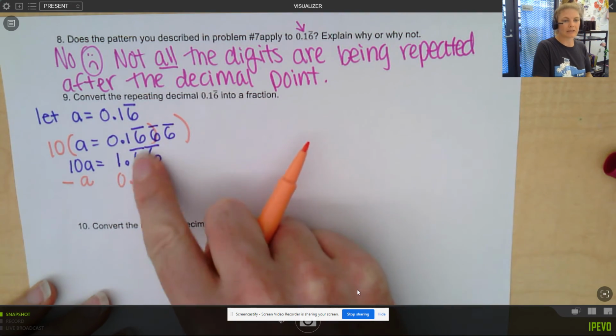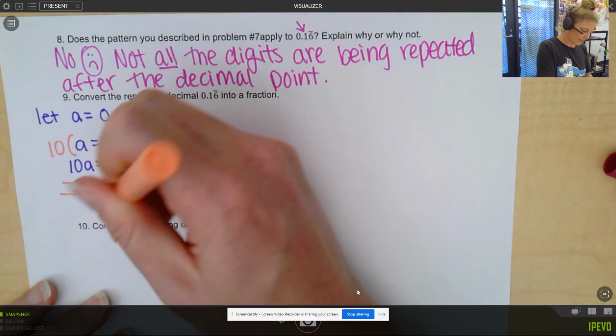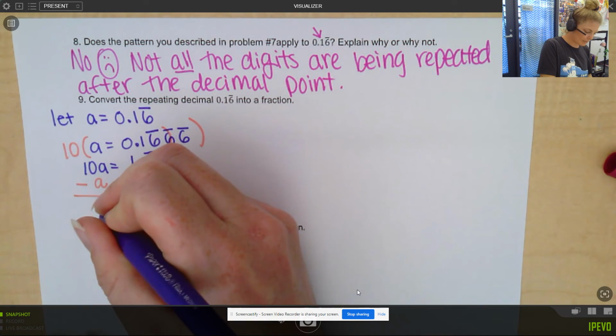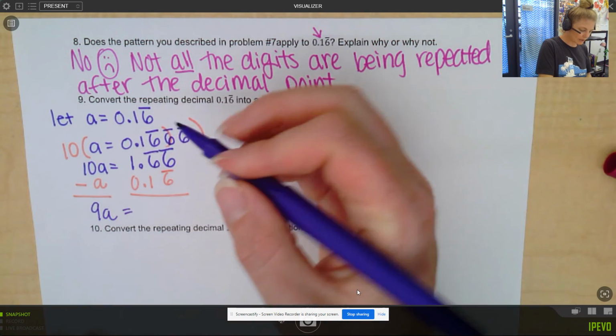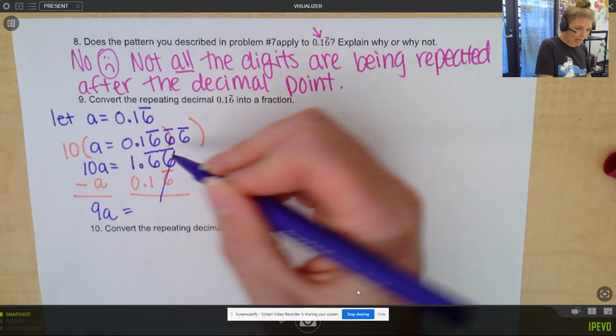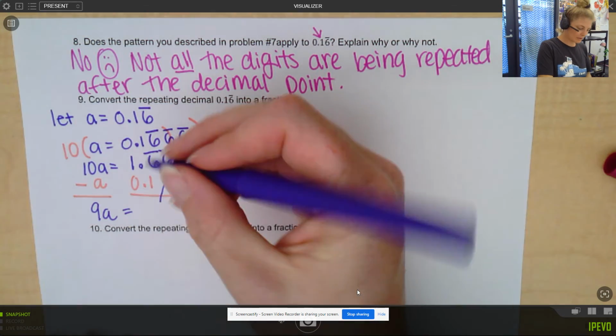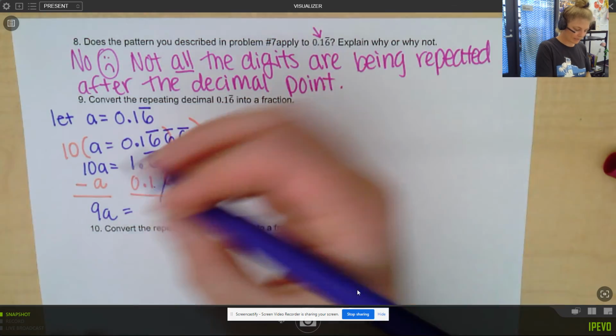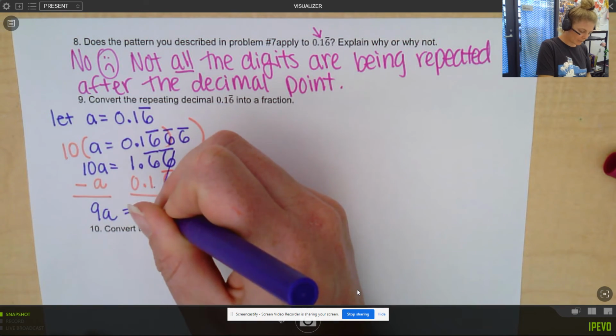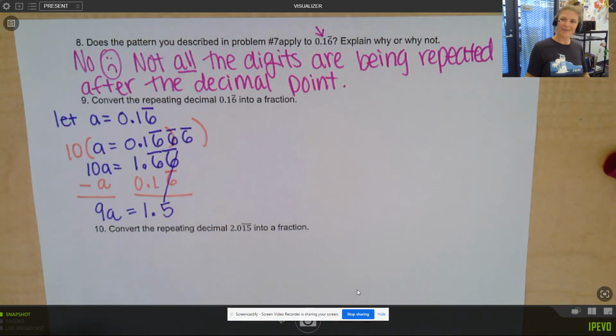Line up your decimal place, line up your numbers. From here, I end up with 9A is equal to, man, the repeating part is chopped off. Mwahaha. And now we just have 6 minus 1, which is 5. So we have 1.5. How cool, the repeating part is gone.